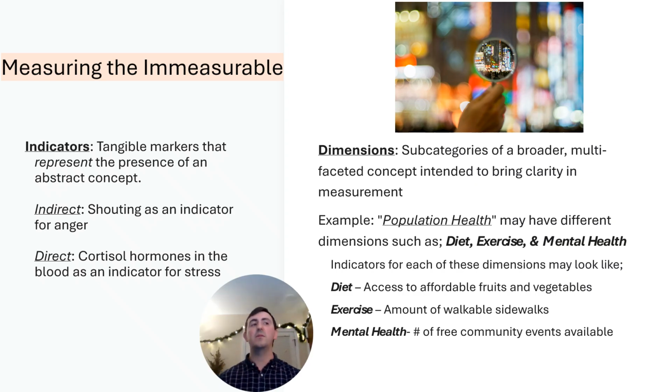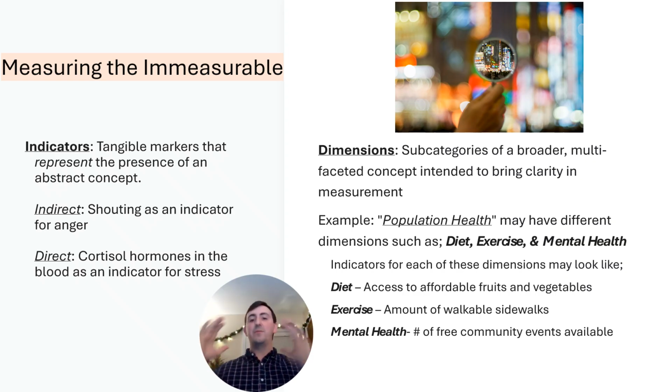Now, some concepts are so complicated and big and multifaceted that you don't need to just break them down with indicators. You actually need to break them down first by larger categories called dimensions. Right? So dimensions are subcategories of a big, broad concept that's multifaceted, has lots of angles or layers to it, that's really complex.